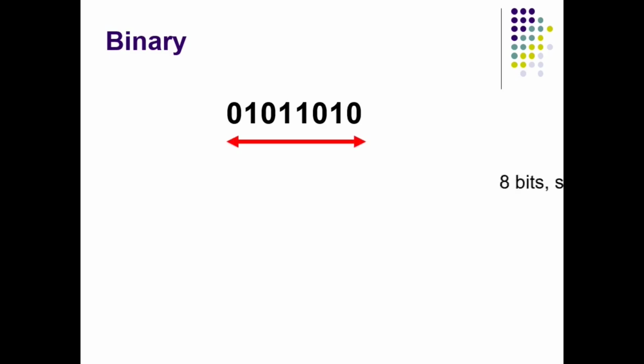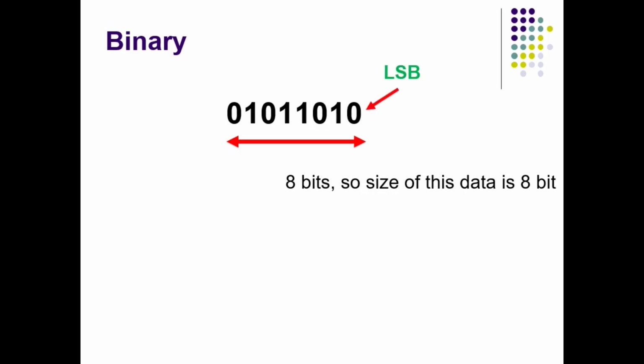The size of the binary number here is 8 bits because there are 8 different digits in this number. The LSB, least significant bit, is on the right side of the number, and the MSB, most significant bit, is on the left side of the number. You should not get confused between LSB and MSB.